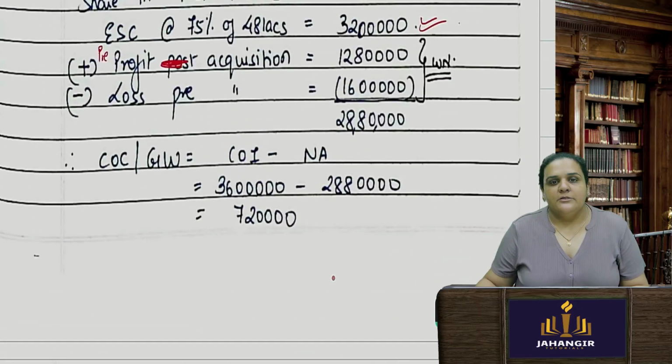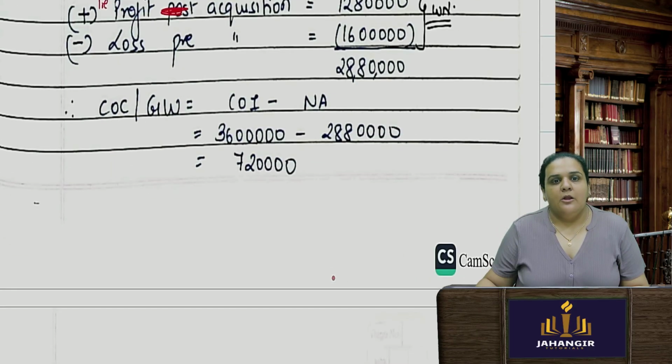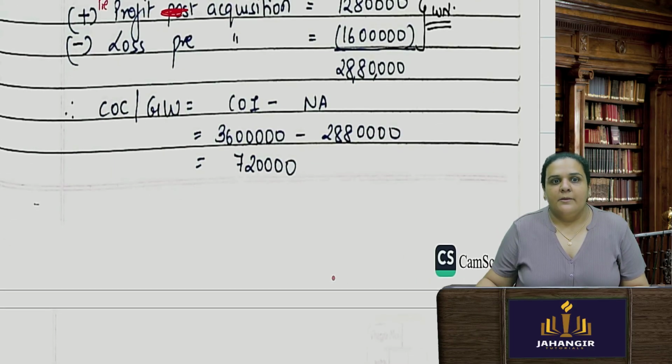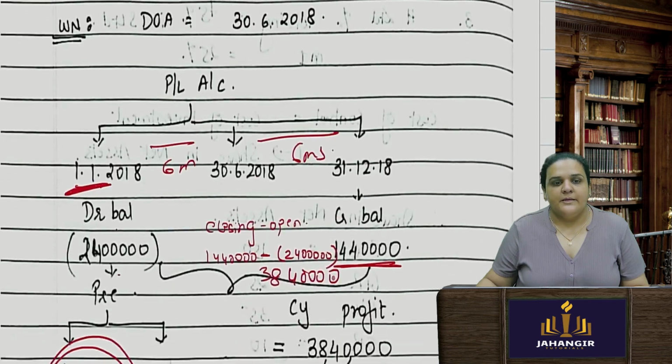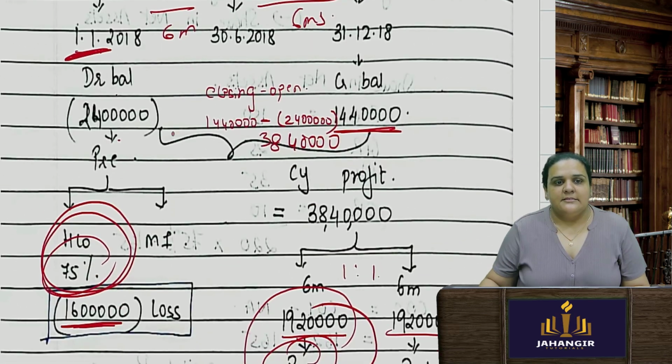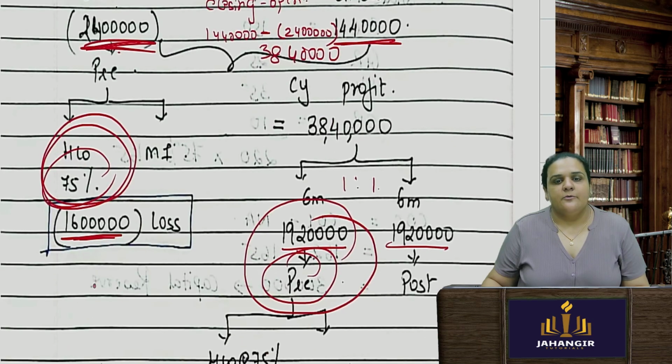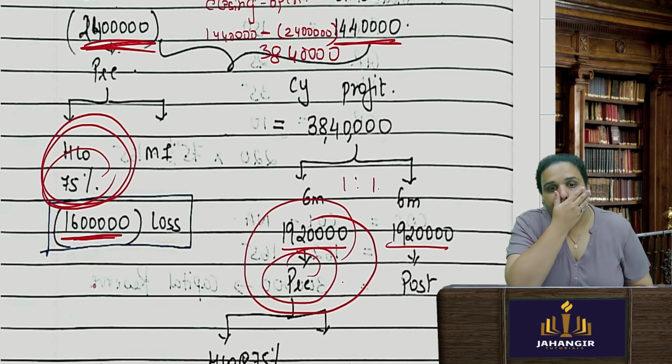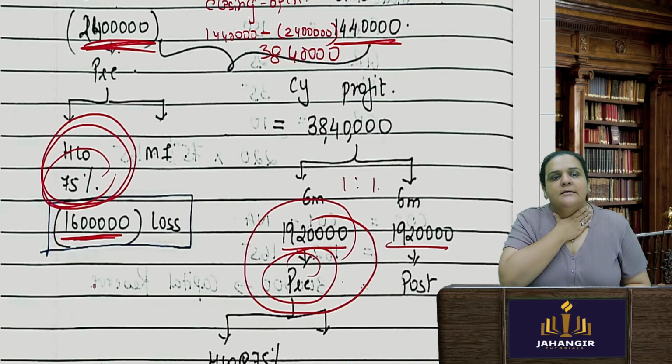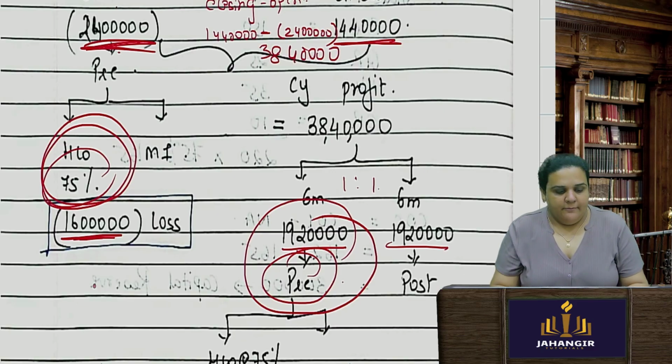So it is going to be 12,80,000. And the pre-acquisition loss is rupees 16 lakhs. Out of 24 lakhs, the holding company share is going to be 16 lakhs. So that I am going to subtract.